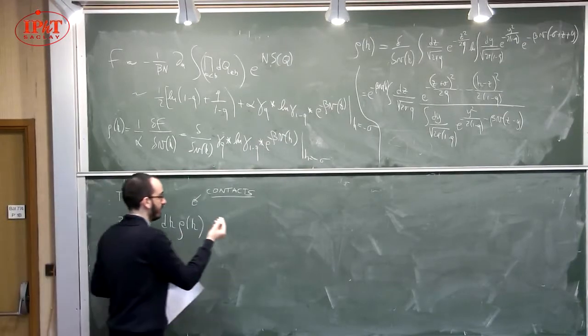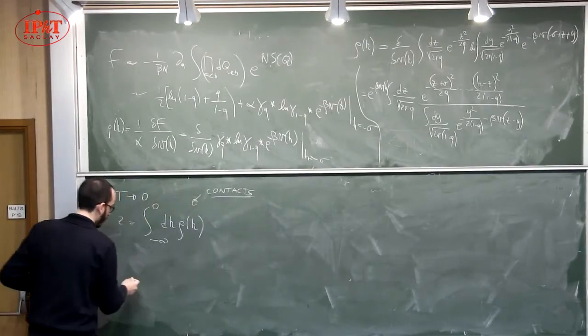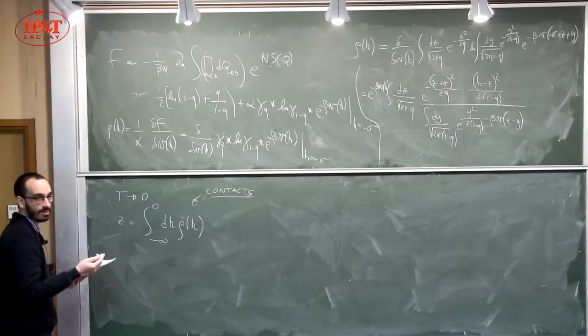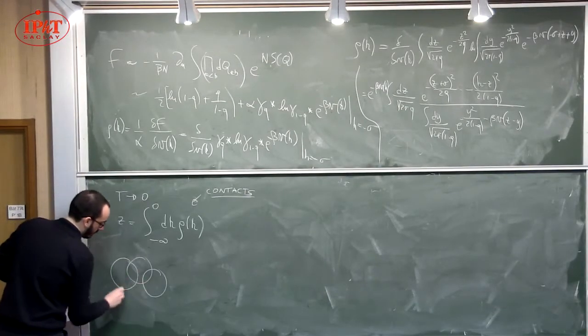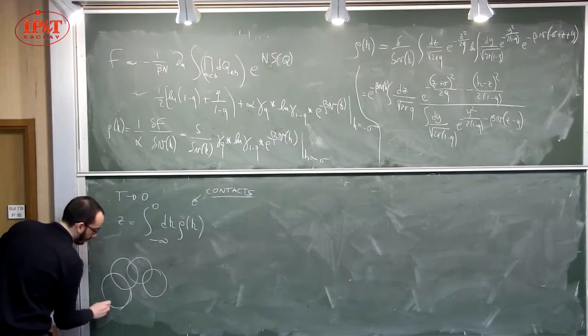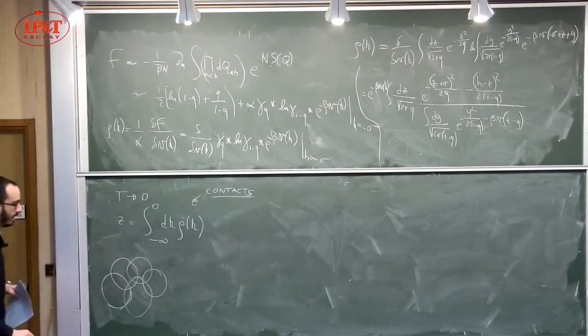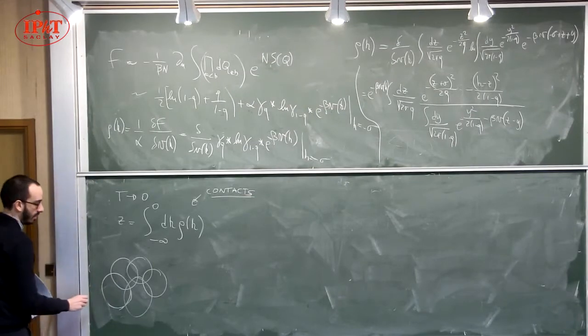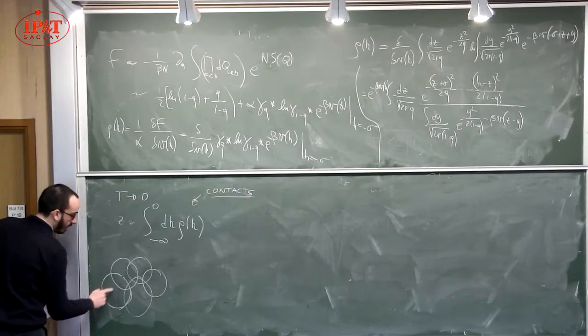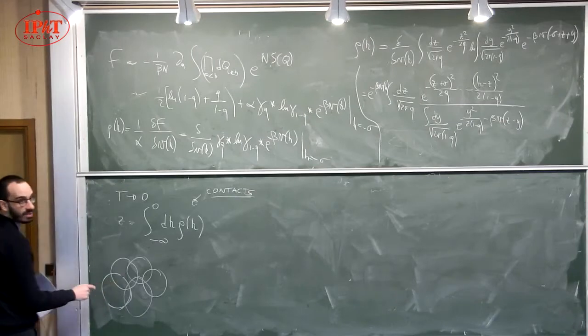Okay. So the physical intuition behind that is that if you are in the Unsat phase, if you think in terms of spheres, you are in a situation like that. So the spheres overlap. And so you are just counting how many couples of spheres are overlapping. Okay.